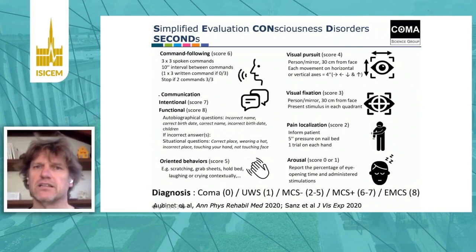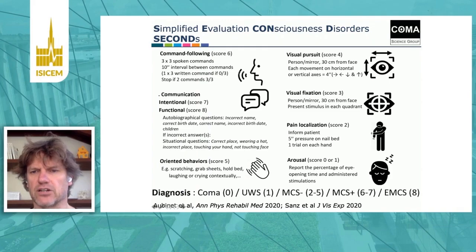Also not present in the Glasgow Coma Scale is looking for visual pursuit or fixation. And we will do that here using a mirror, because that captures patients' attention. And again, it's made very explicit how to do it and when to score. Following pain localization, we all do that, we know it.